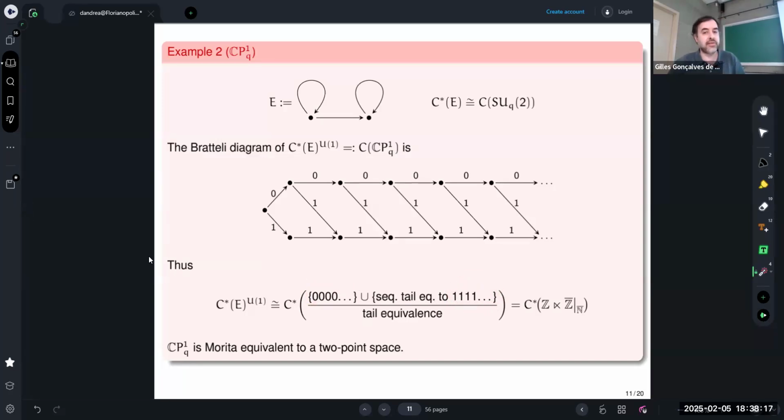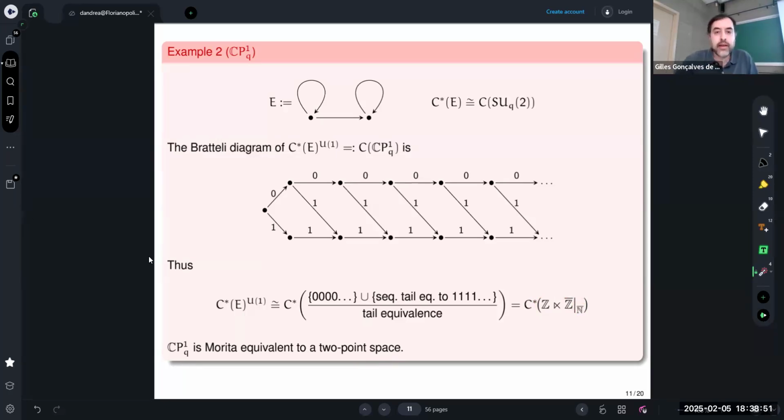This is not a minimal relation on a Cantor set as before, but still the AF core, whose interpretation is as the algebra of the Vaksman-Soibelman quantum projective line, also called the standard Podleś sphere, is still the groupoid C*-algebra of this relation. And actually now you can even write down explicitly the groupoid, which is the one that you see here. It's an action groupoid. Bar means one-point compactification. It is a reduction of some action groupoid.